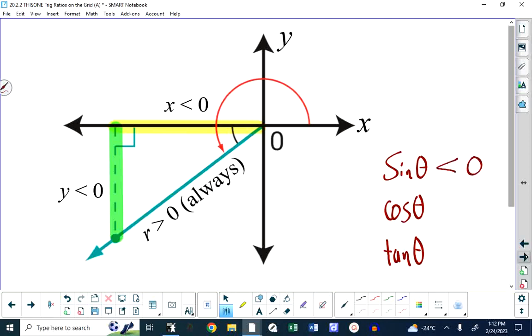Because y is negative and r is positive. What will cosine be? Excellent. Because x is negative and we're dividing by a positive r. What will tangent be? Positive. Good. Because x and y are both negative, when you divide y by x, you divide negative by negative, which is positive. That means in quadrant 3, the only thing that's positive is tangent.